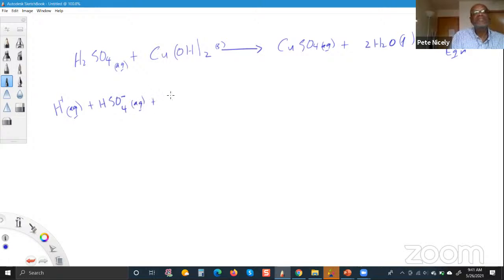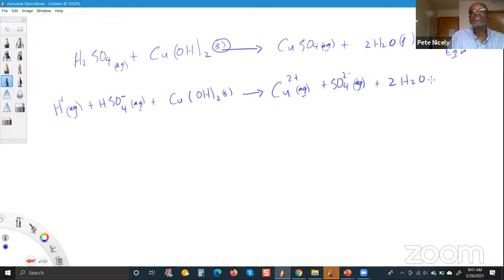And then for the copper(II) hydroxide, because it's in a solid state, there'll be no dissociation. So we're just going to leave this as it is, solid. And then on the product side, we have copper(II) sulfate, which is aqueous. So that will dissociate to form Cu2 plus aqueous plus SO4 2 minus aqueous. And the water, again, as we saw in the previous example, will remain intact because it's a molecular compound. So this would be the ionic equation.